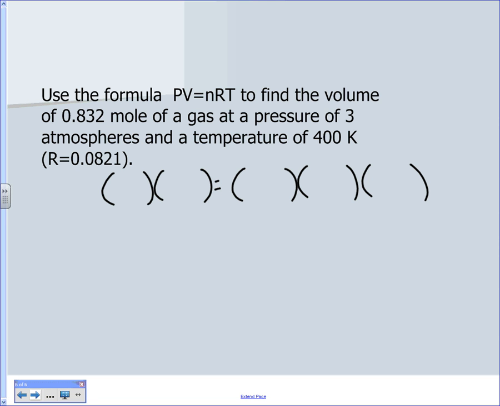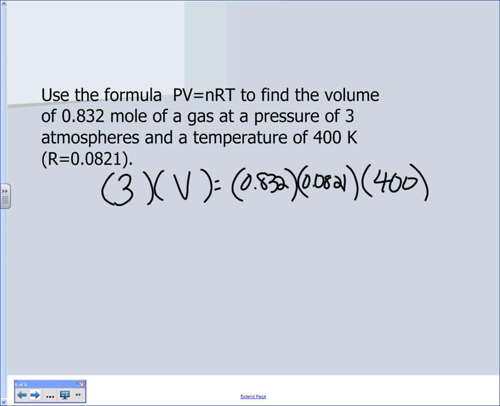So filling in the formula, P is what? Our V. Our N. What is our R? And then what is our T? Yeah, it's moles. It's like saying 0.8 liters. Volume of 0.8. Yeah, find the volume when it has this many moles.